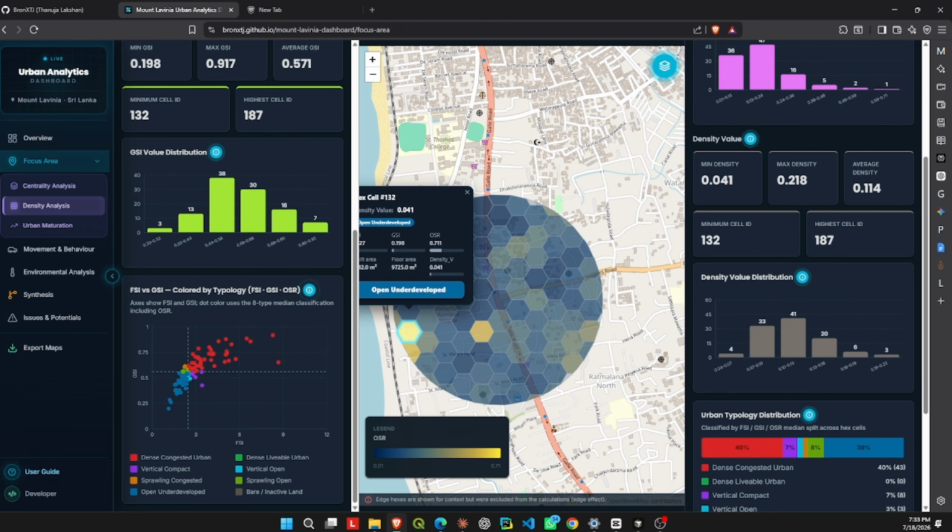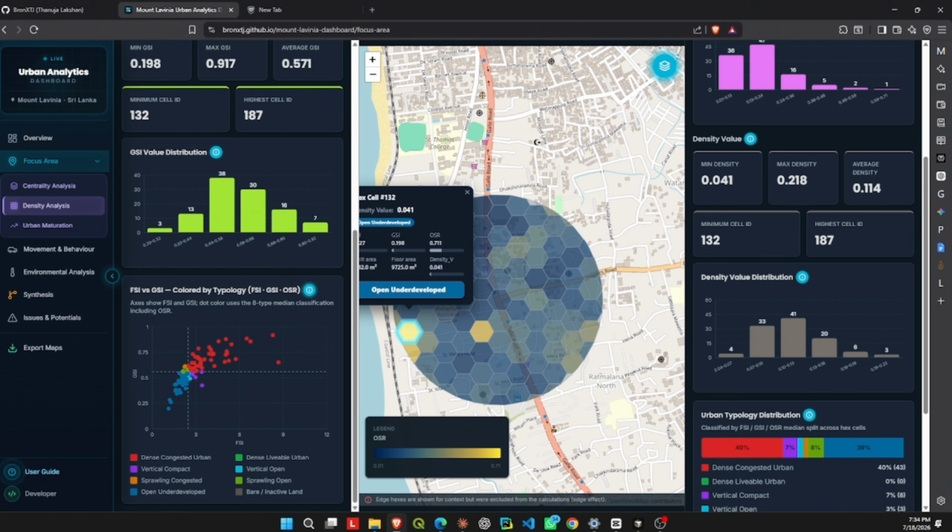Density value combines form intensity into one number. It's the final product of all three indicators, FSI, GSI, and OSR. This histogram shows how many hex cells fall in each density range, the density value distribution.